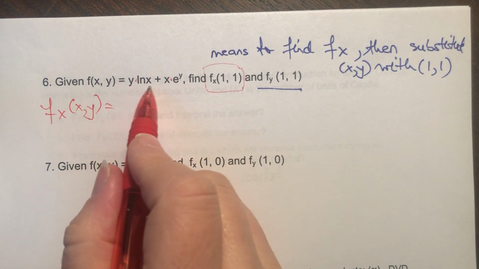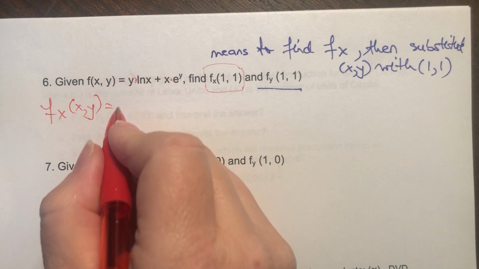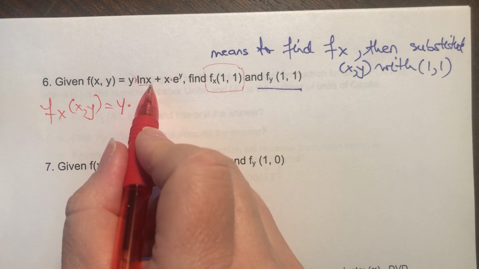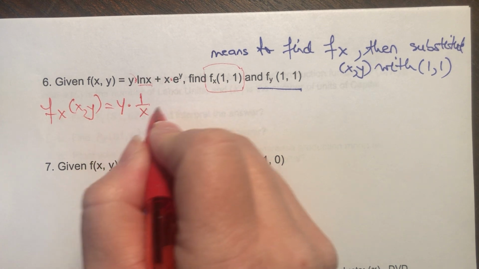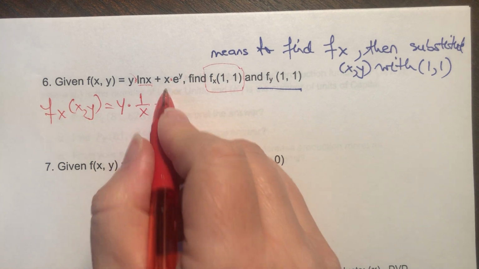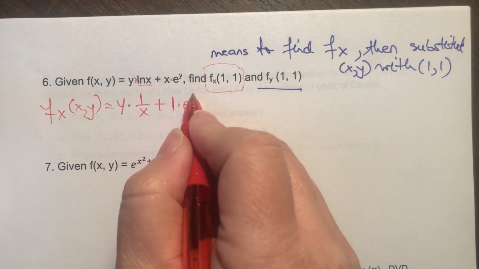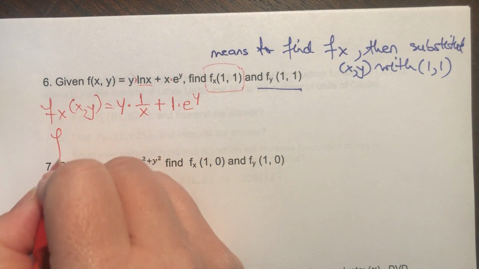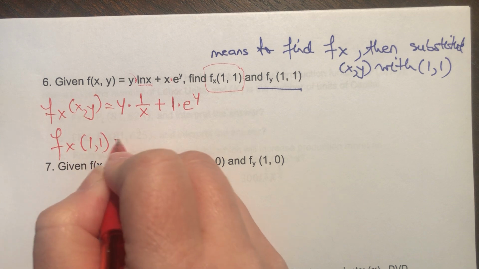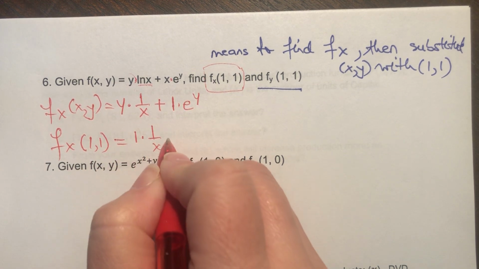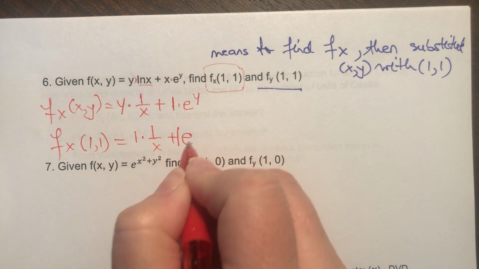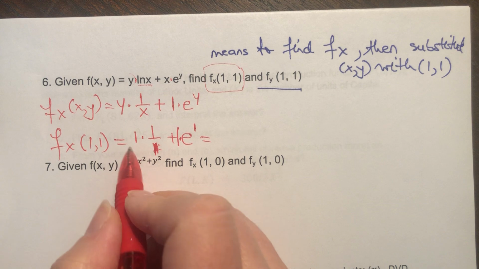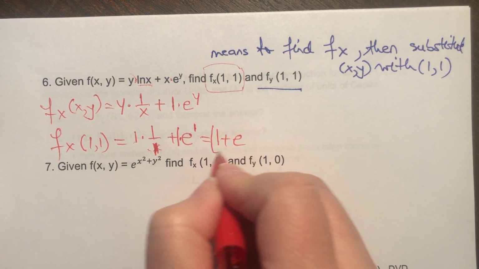So for the derivative with respect to x, remember y is just a constant, a coefficient, so we'll keep the y times, move on and take the derivative of ln x, and that's just going to be 1 over x, plus the derivative of x is 1 times e to the y, which is just a coefficient, the constant. Now all I have to do is plug in 1 here. So it's going to be 1 times 1 over 1 plus 1 times e to the 1. So that's a 1 plus e.